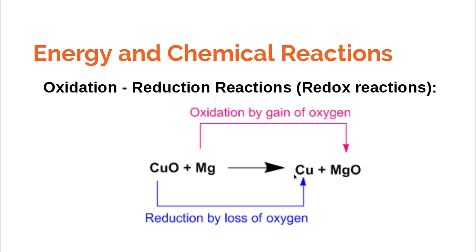So remember, oxidation is loss, reduction is gain. Copper was reduced because it gained 2 electrons from magnesium, and magnesium was oxidized because it lost 2 electrons to copper.